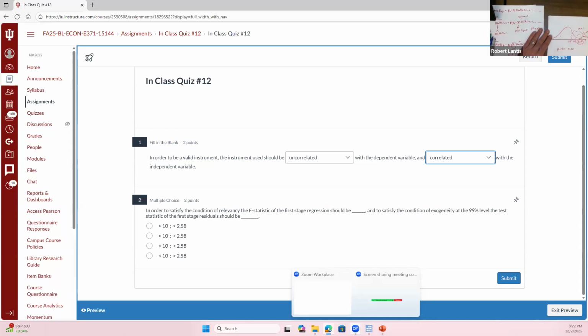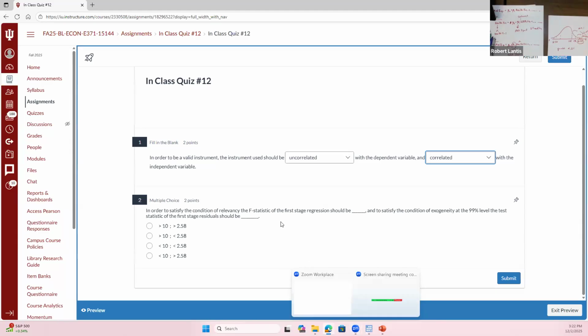It needs to be somewhere out here. Okay. Everybody clear on that? I'm using the right-hand side here. It could be it's negative and it's somewhere out here. That's why we say it just in absolute value, it needs to be larger than 2.58. Because if it's larger than 2.58, we know its p-value would be less than 0.01 associated with that 99% confidence level. Okay. So that second part should be that in absolute value, this should be greater than 2.58.